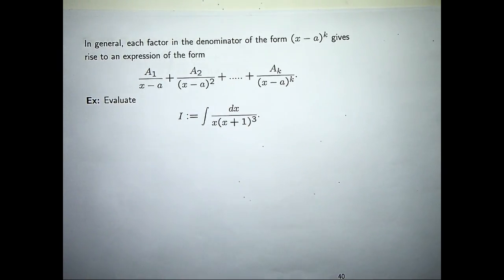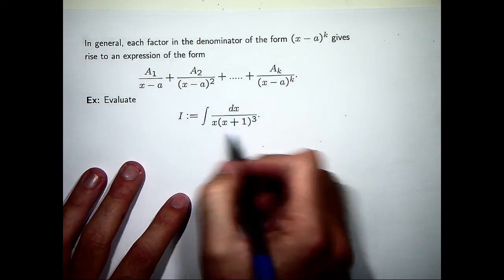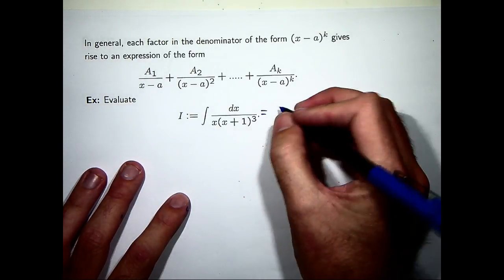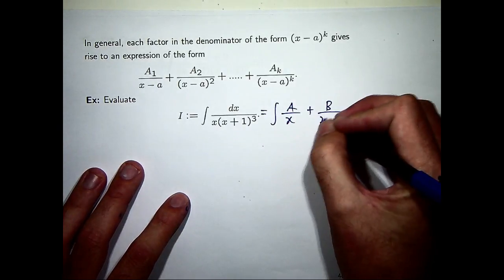We're asked to evaluate the following integral. What's the decomposition? Well, you've got some repeated linear factors, the x plus 1s, and the x on the bottom. So it would be something a little like this.